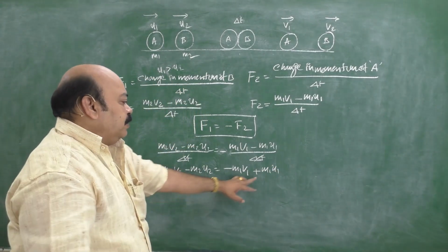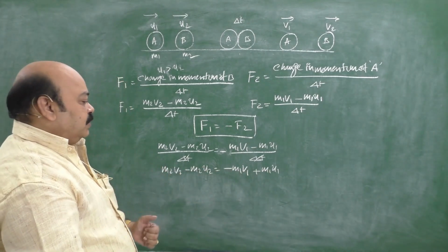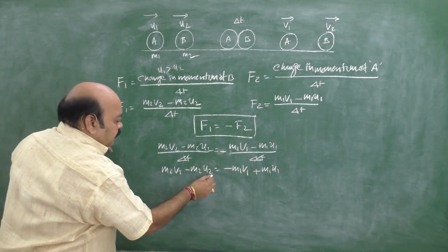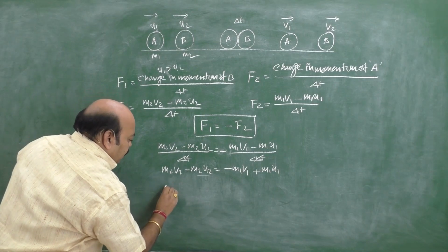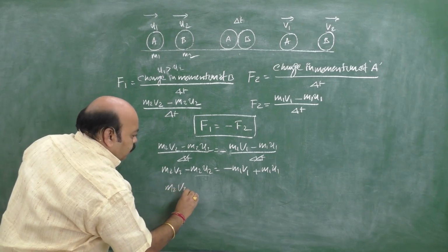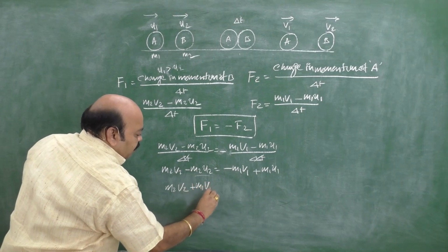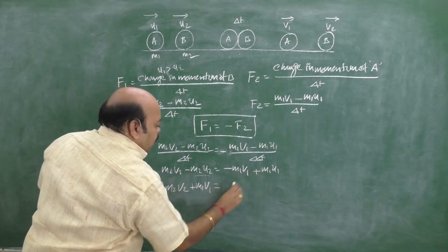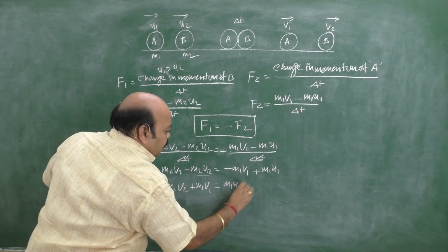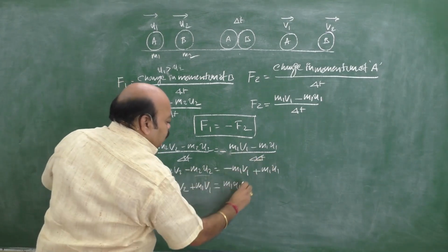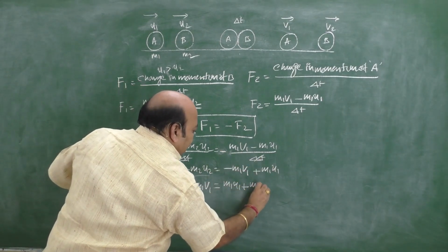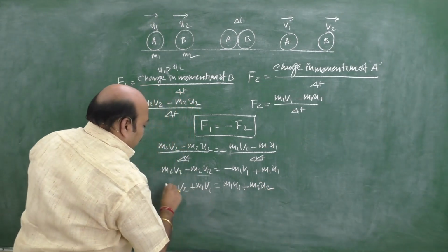Getting the similar terms, that means initial velocities to the same side, what we have is m2 v2 and this one comes up plus m1 v1 is equal to m1 u1, and take this minus m2 u2 to this side, we get plus m2 u2.